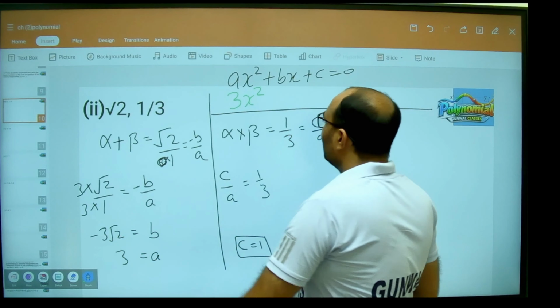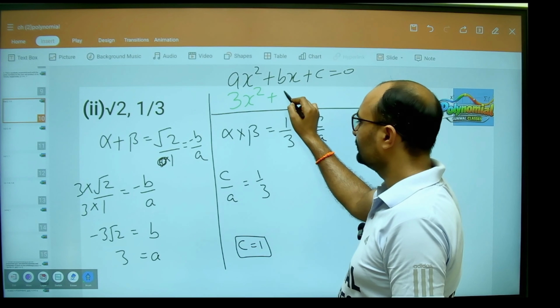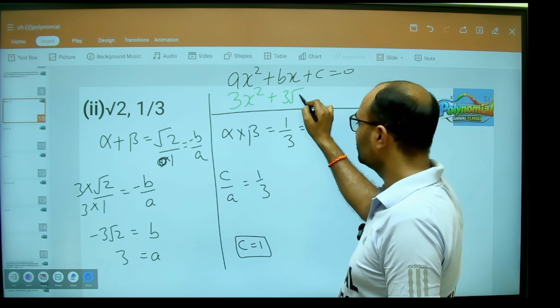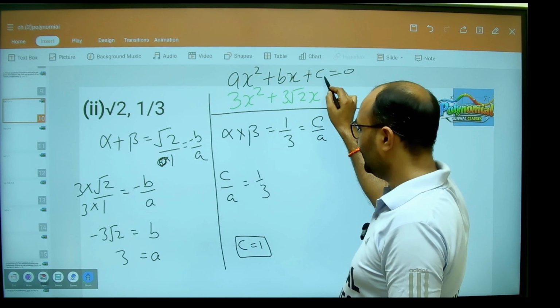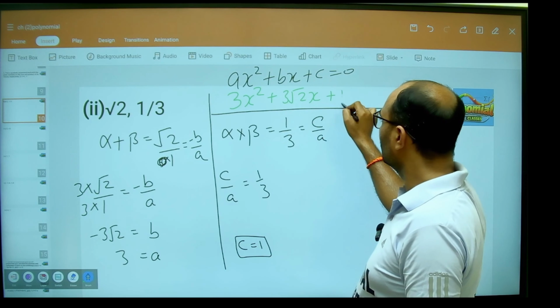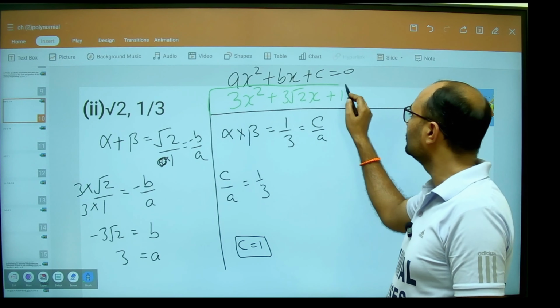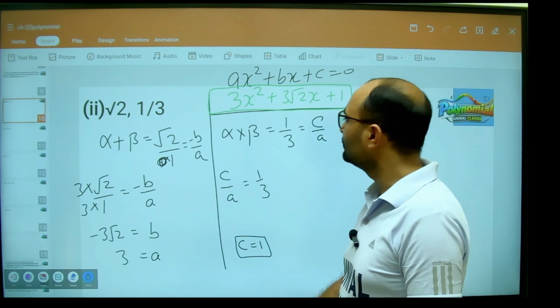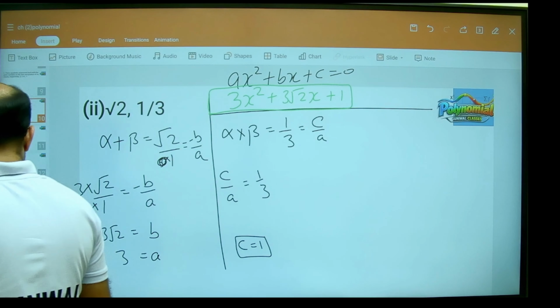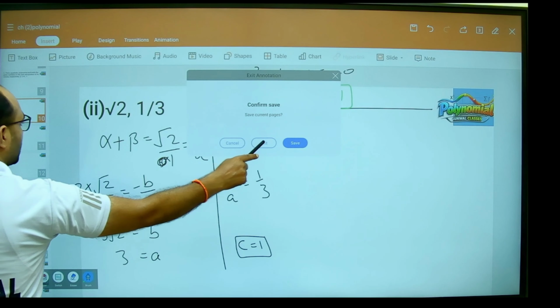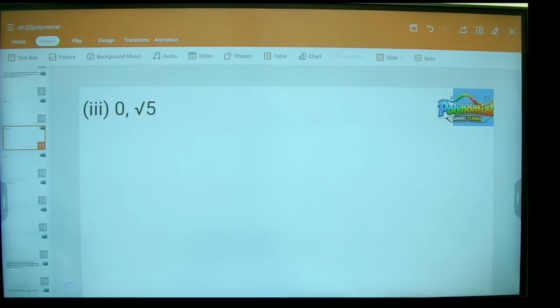You have to change the sign. C is 1. So this will be your final quadratic expression. Note down fast.